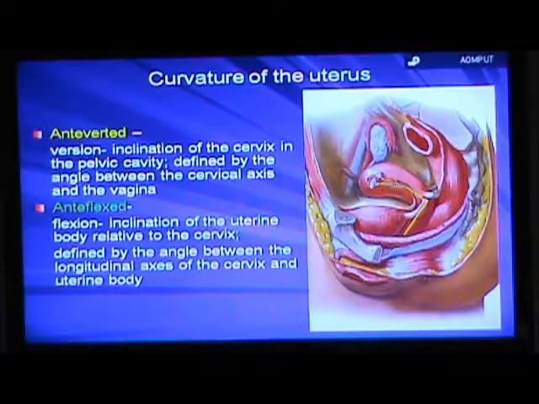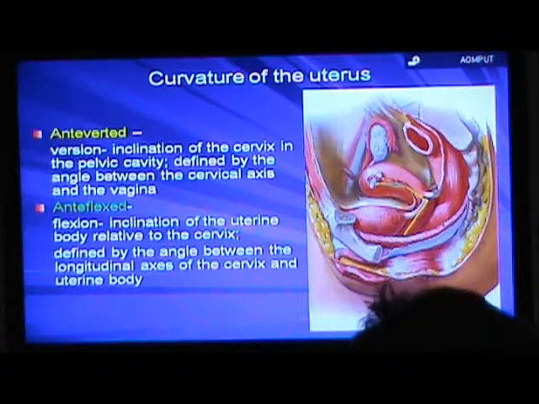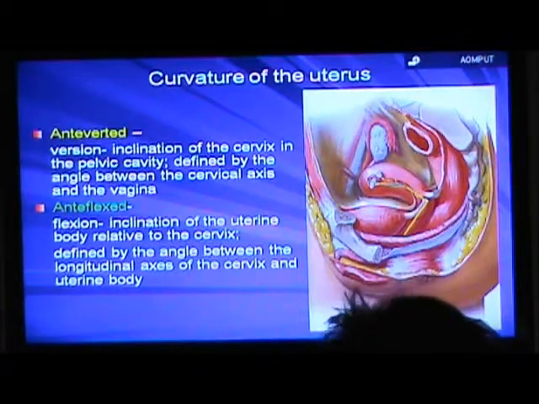And the uterus has curvatures. So we can say that the uterus, of course, was in physiological position, so normal position. So the uterus normally should be anteverted and anteflexed. So anteverted, this yellow color. Anteverted, it's version.